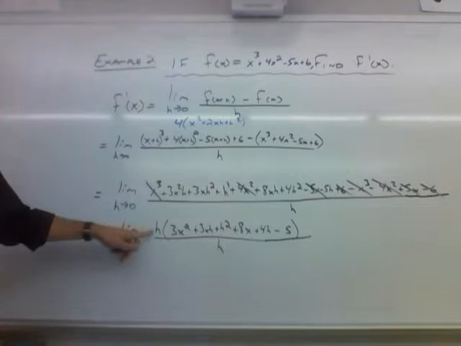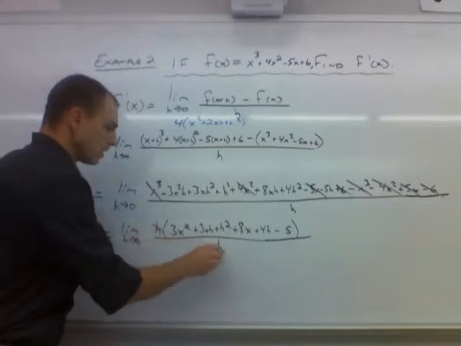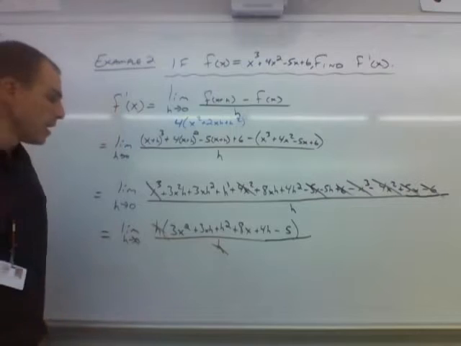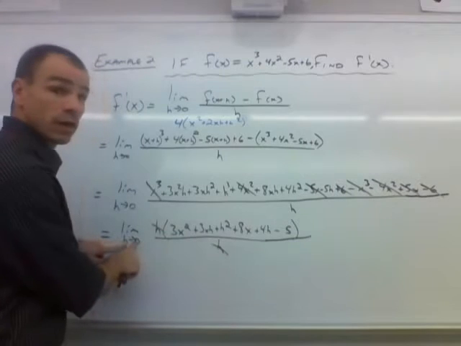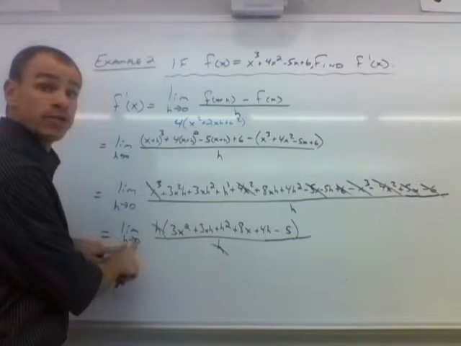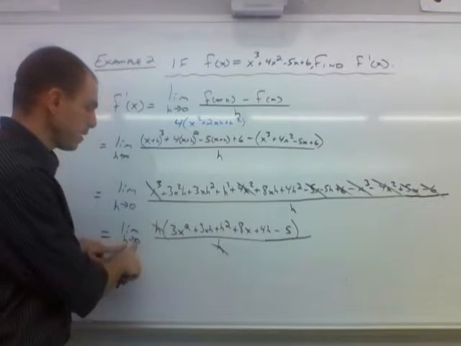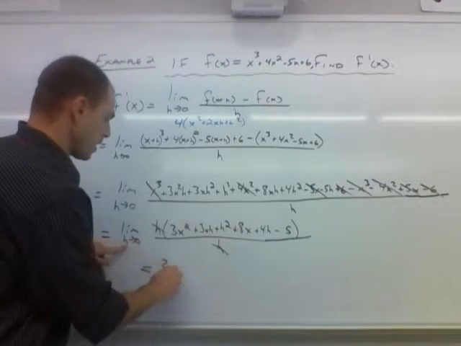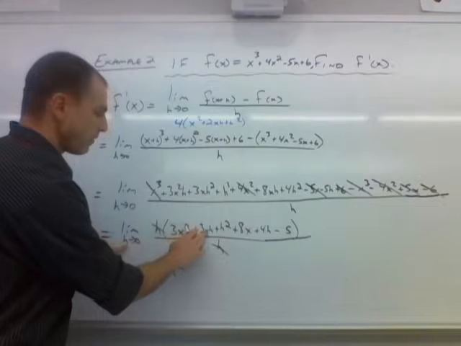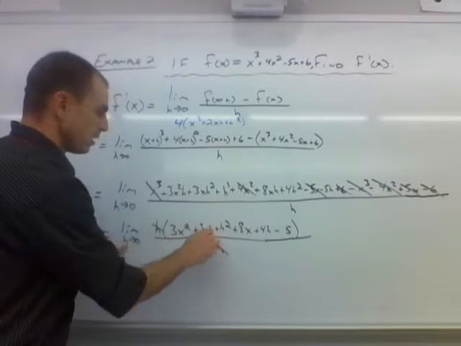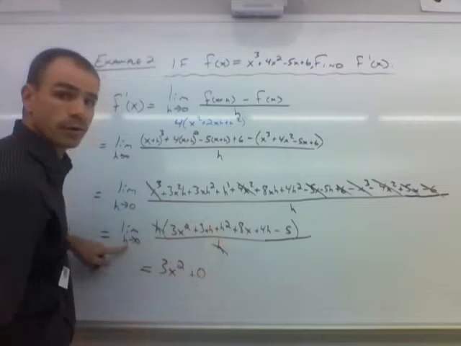Now that we have the h isolated out front, they can eliminate each other, and we can plug 0 in for all the remaining h's. What happens when we do that? Well, we have 3x squared, and then we have 3x times 0. So that goes away. I'll just put in a plus 0, but we don't really need it there.